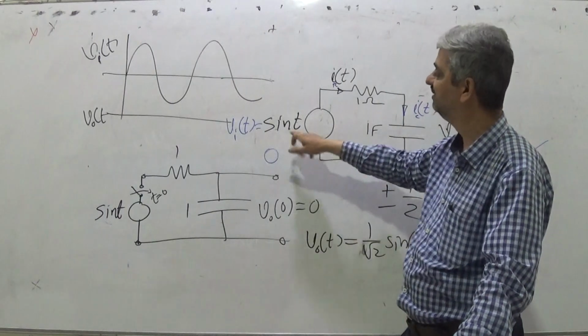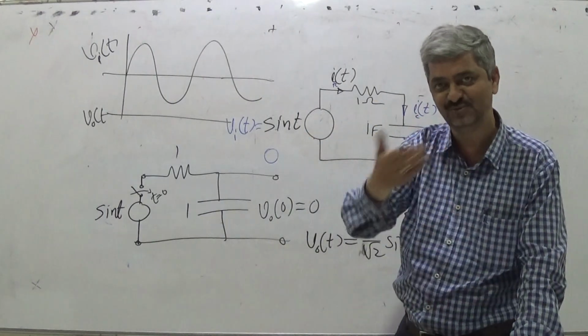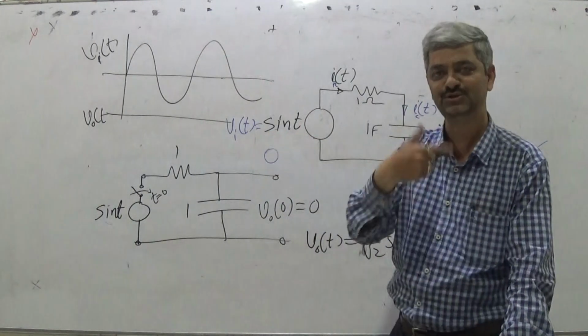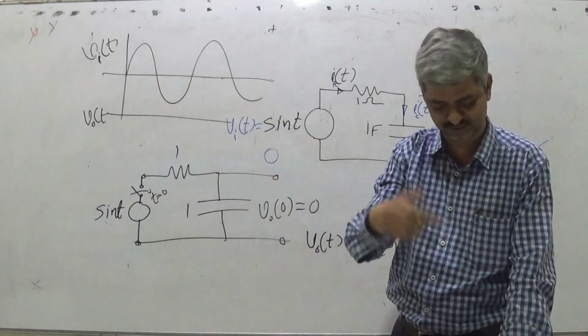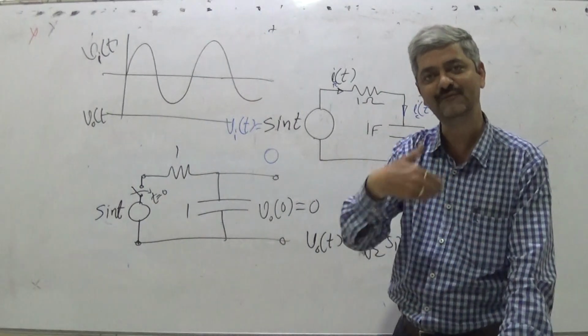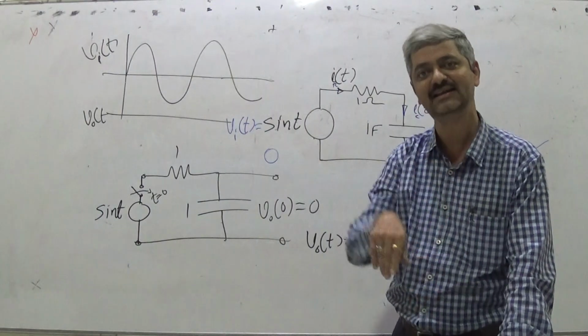Now here you say sine is repetitive. When does sin t become 0? At t equal to 0, pi, 2 pi, 4 pi. So after each interval of 2 pi it repeats.